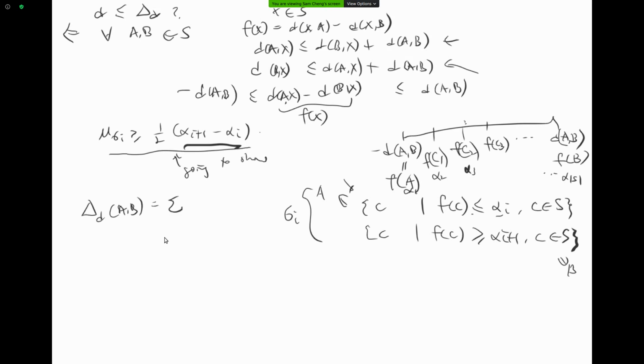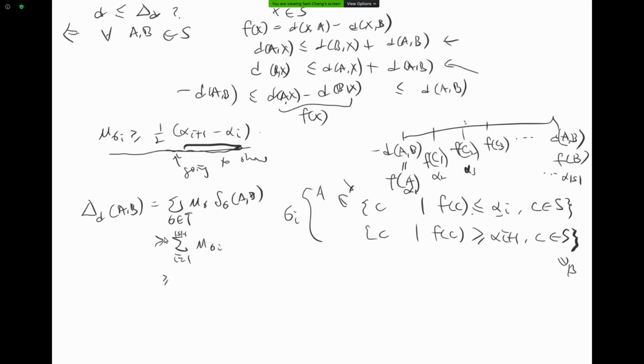Delta D is basically the sum of mu(sigma) over all the sigma that separate A from B. Of course, this will be bigger than or equal to the sum over all the sigma_i, because all the sigma_i also separate A from B. I omit some of the sigma, but I can include all of these.